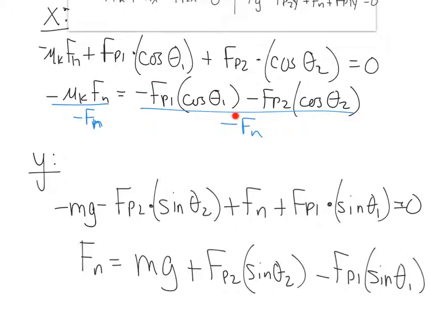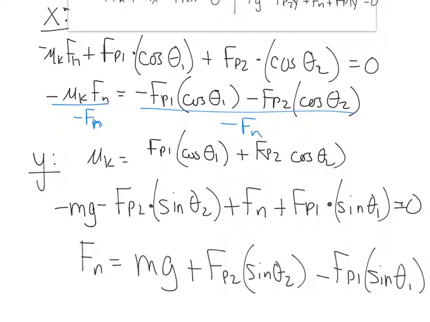Negative, negative, negative. They all become positives if they all are. Remember, if you're dividing by a negative, you could just switch the signs to the numerator, which makes them all positive. So it turns out that mu k is given by the formula Fp1 cosine theta 1 plus, I'm going to make them all positive, Fp2 cosine theta 2 divided by Fn.